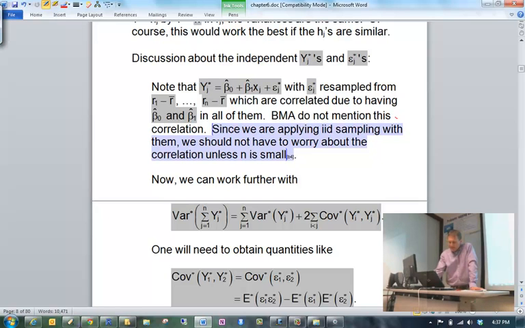In the end, similar to what we said, we don't really have to worry about the fact that these are somewhat correlated because we are basically doing an IID sampling procedure here. The resampling, how we're resampling these rj essentially. And we don't really have to worry about it unless n was small. But we can look into this a little bit further.